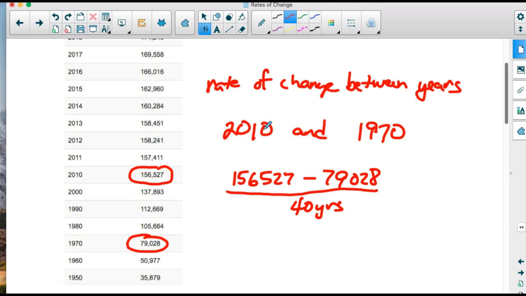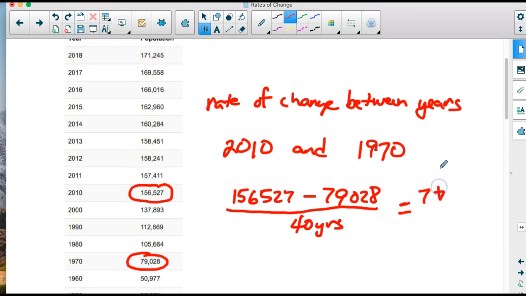So we take the subtraction of the total population, and we get 77,499 over 40 years.